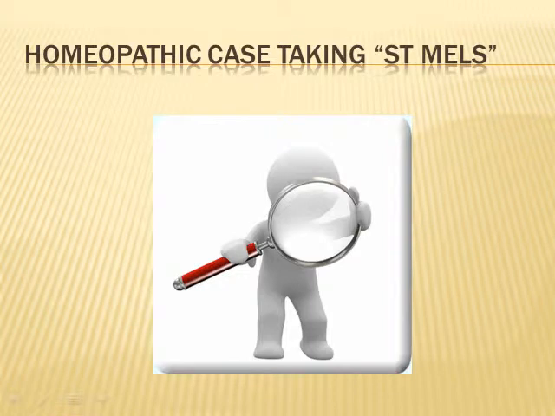Acute prescribing is for when you have a condition that has a beginning, a middle, and an end. For example, you catch a cold, or you have a bladder infection, or you get an injury, or you have a headache.